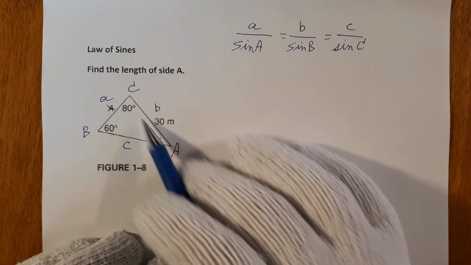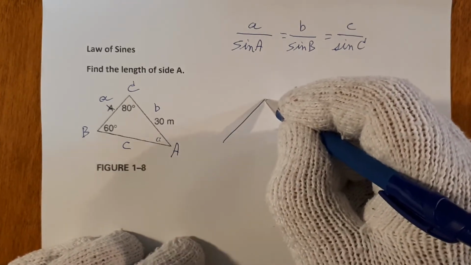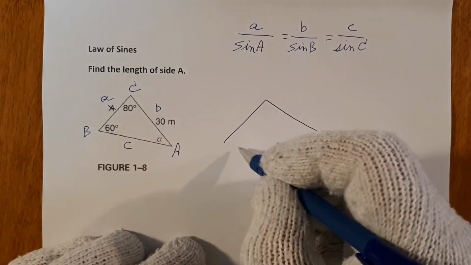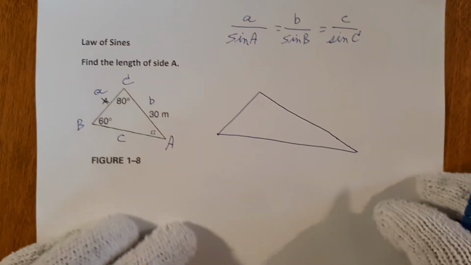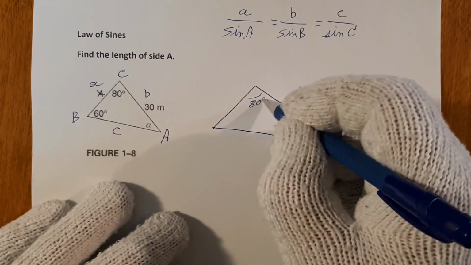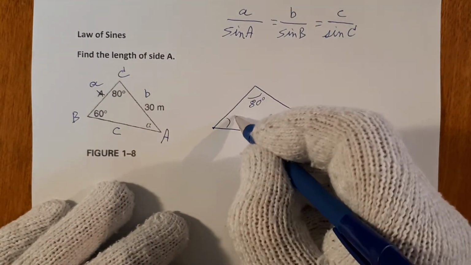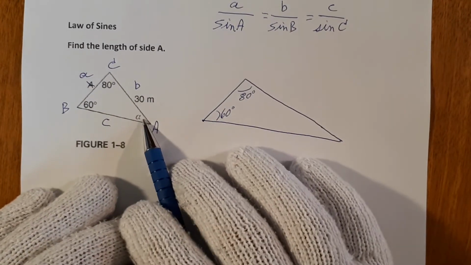I'm going to redraw this triangle right here like this. Something like this. This angle in here is 80 degrees. And the angle here given to us is 60 degrees. And we have angle alpha.